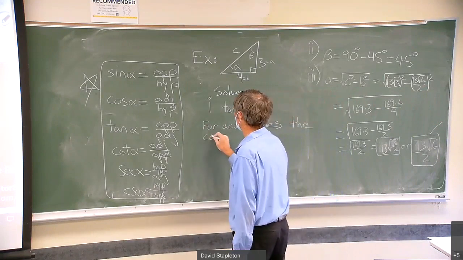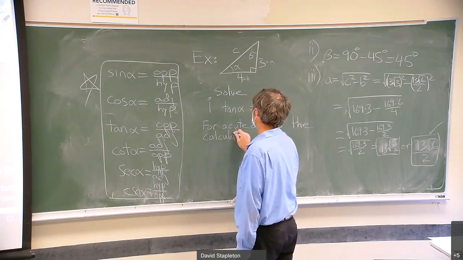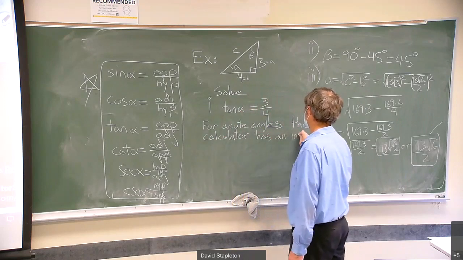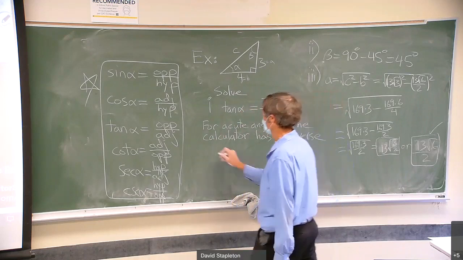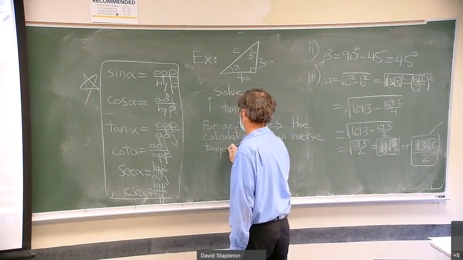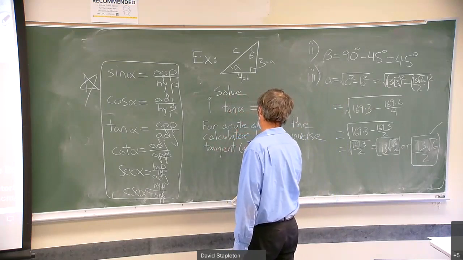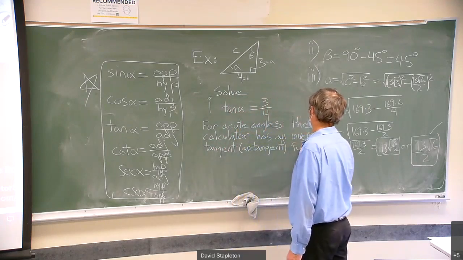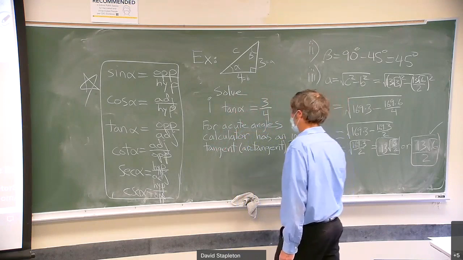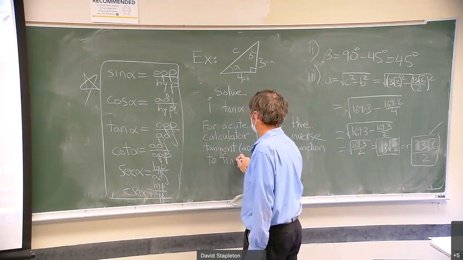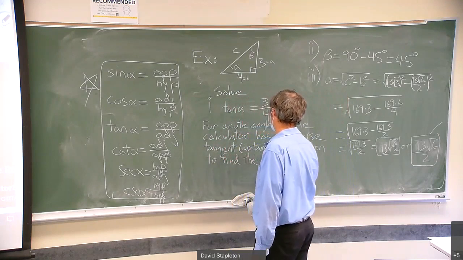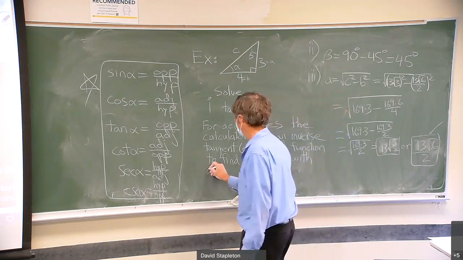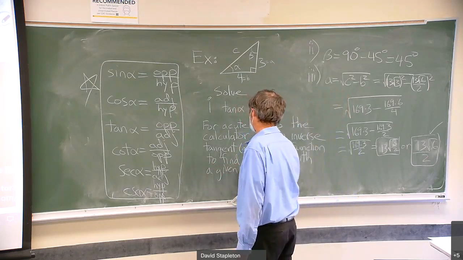The calculator can find the angle that has a given tangent, as an inverse tangent, or arctangent it's also called, to find the angle that has a given trig function value, at least for the sine, cosine, and tangent.